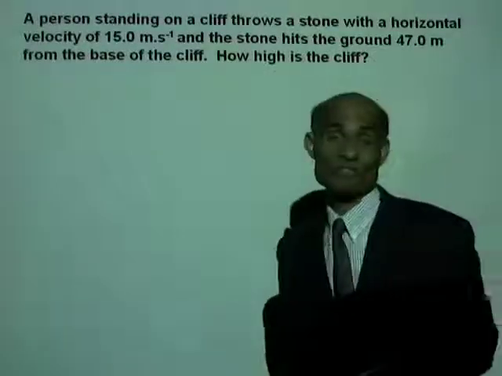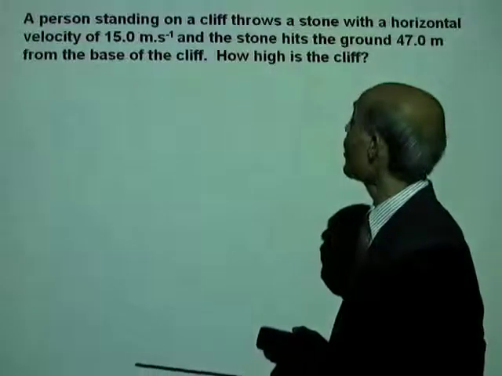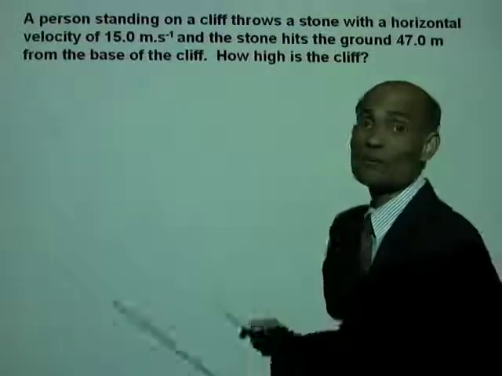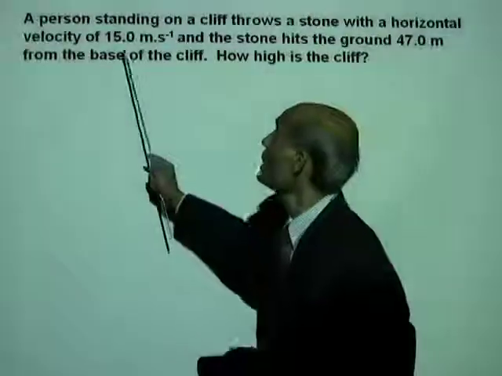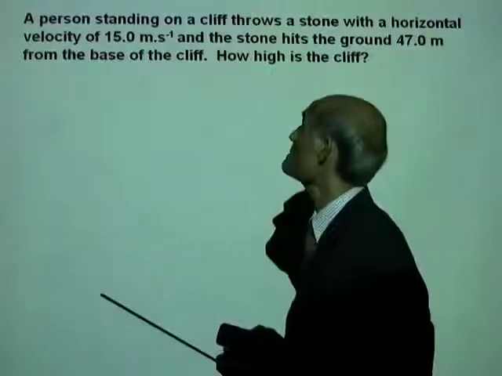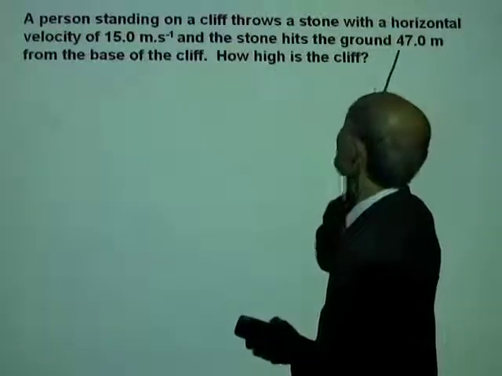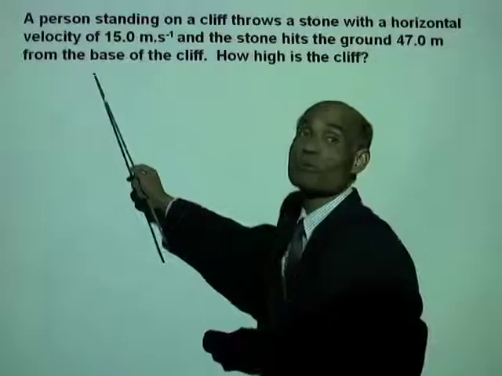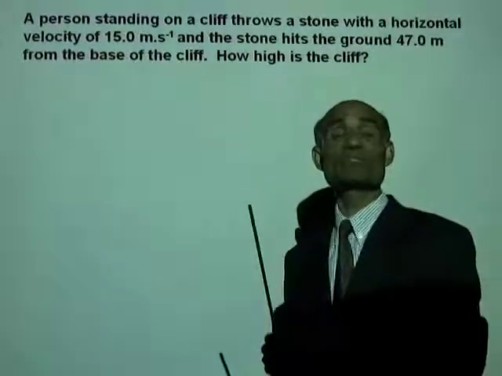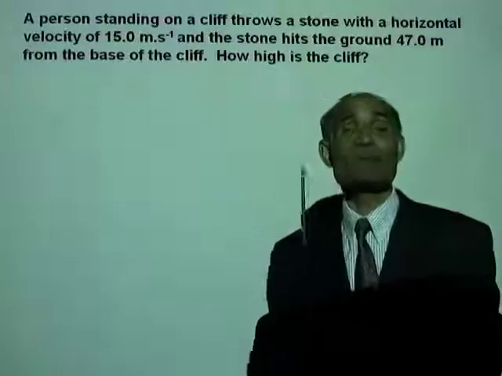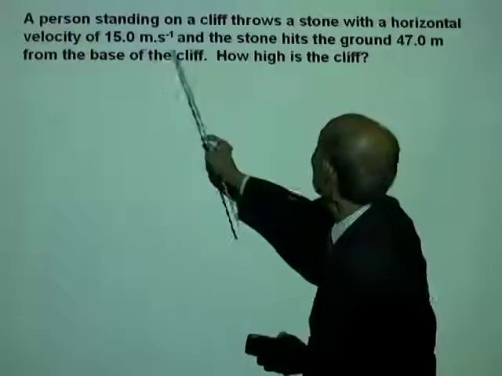Let's now do another problem. A person standing on a cliff throws a stone with a horizontal velocity of 15 meters per second, and the stone hits the ground 47 meters from the base of the cliff. How high is the cliff? We are looking for y0.